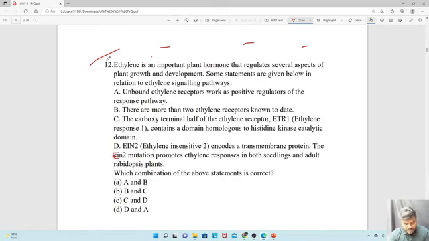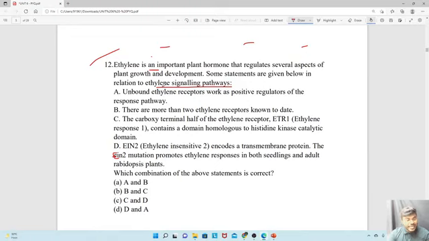We have discussed this. Okay, look into the given question. The question says that ethylene is an important plant hormone that regulates several aspects of plant growth and development. Some statements are given below in relation to the ethylene signaling pathway.